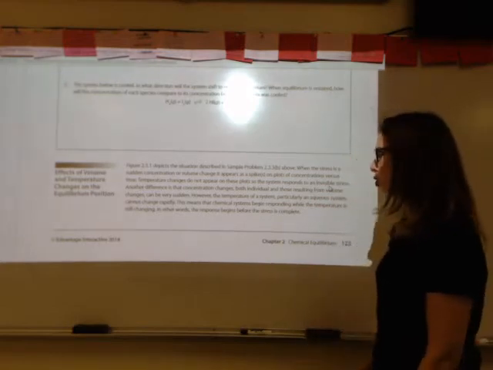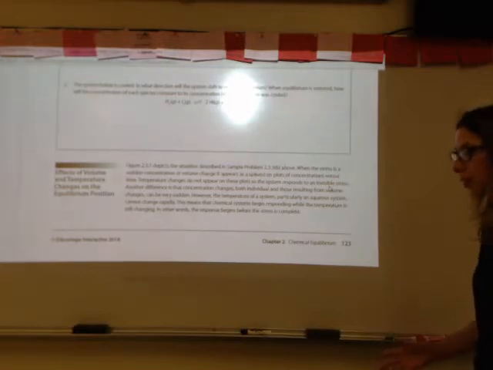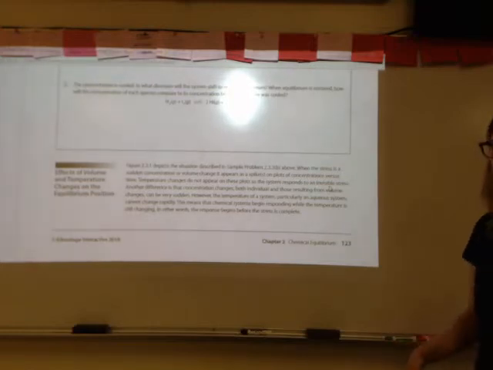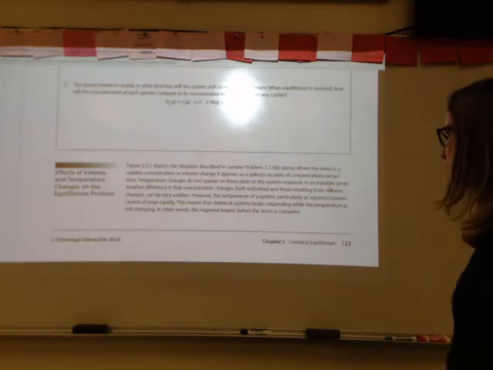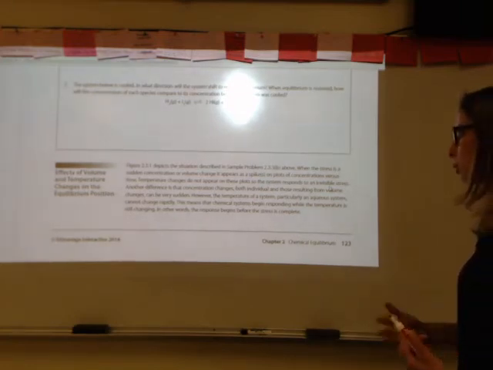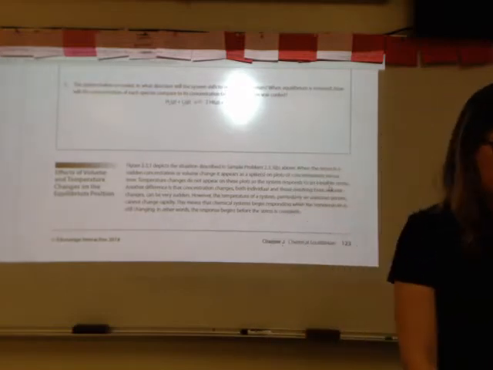Temperature changes don't appear on these plots, so the system responds to that invisible stress. And another difference is that concentration changes can be really, really sudden, but the temperature of a system can't change that rapidly. So that means that chemical systems begin responding while the temperature is still changing. So the response begins before the stress is even complete.